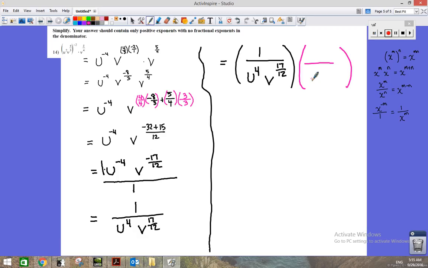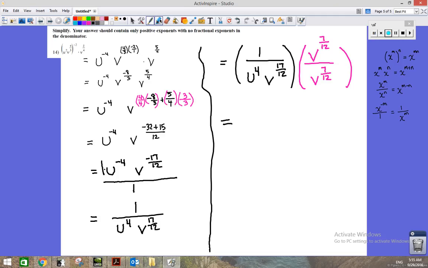But we're going to write 1 in such a way that we can increase this 17 over 12 to make it 24 over 12. So 17 plus 7 is 24. If I have this raised to the 7/12 power, then to be the number 1, this has to be raised to the 7/12 power. Well, let's see what that does.